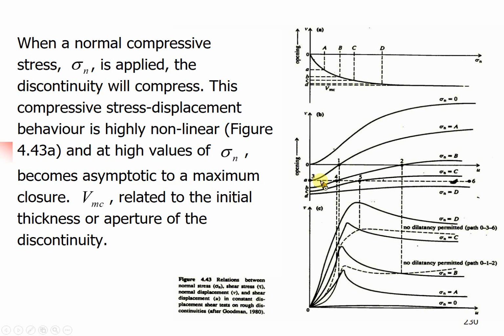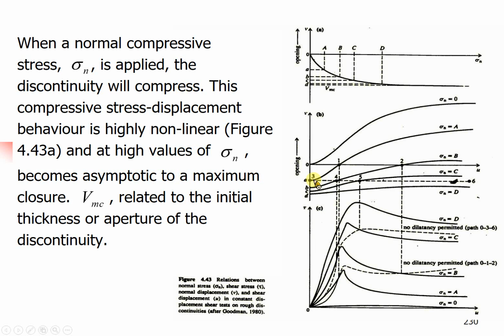Okay. I will show you two more stress strain curves here, shown with the dashed line. If we shear the joints with constrained displacement, this will be the shear displacement versus shear stress, where we make the normal displacement equal to 0. Okay? It means during shear, we constrain the normal displacement.